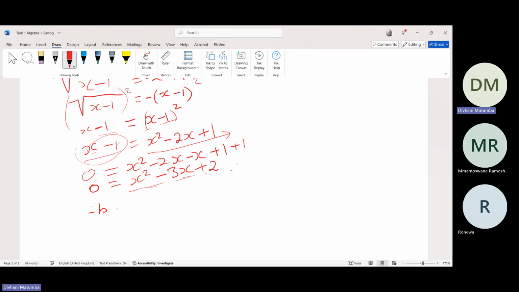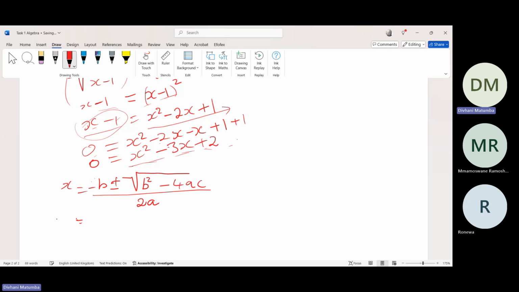So it's a minus, Ronel, what is it? Minus b plus or minus the square root of, is it correct? Yes. Over 2a. Okay.